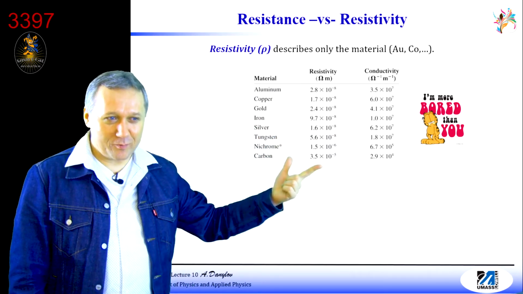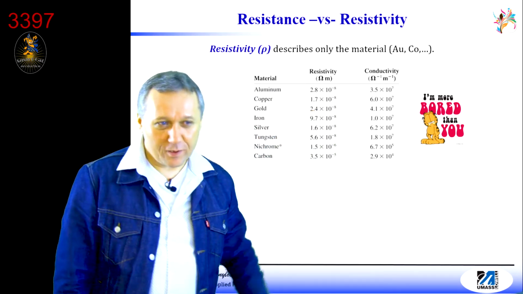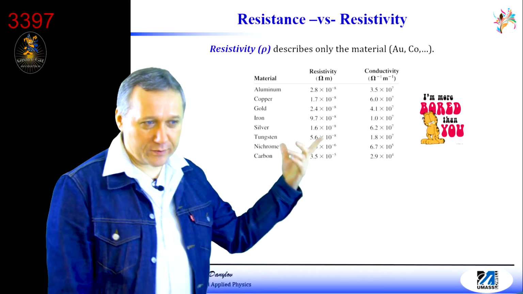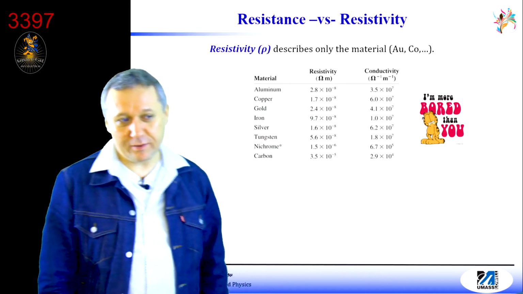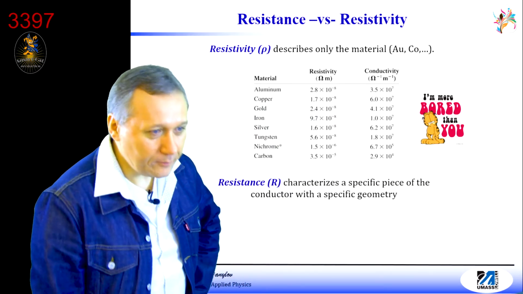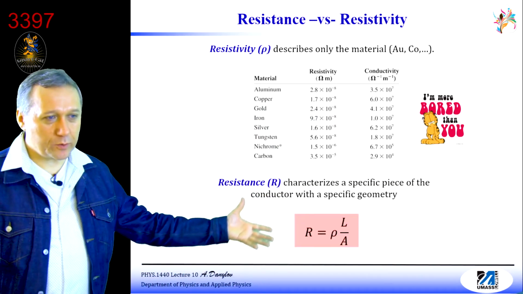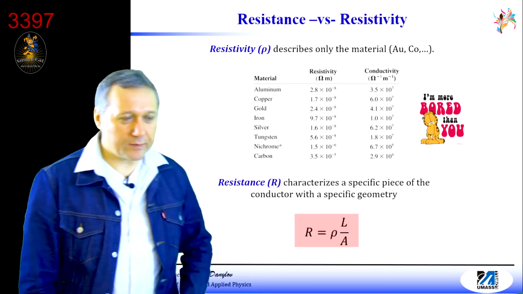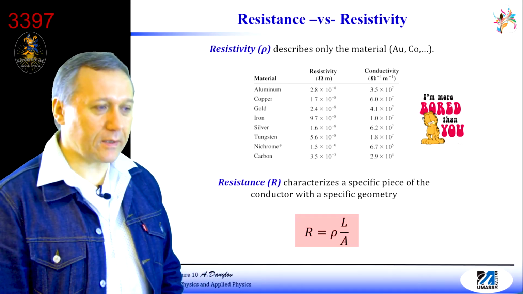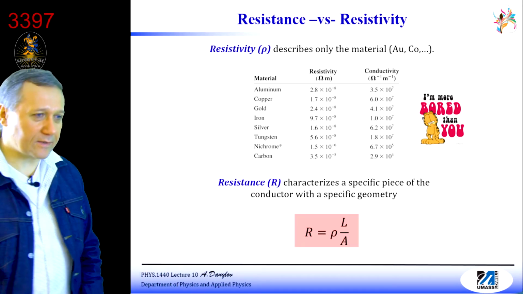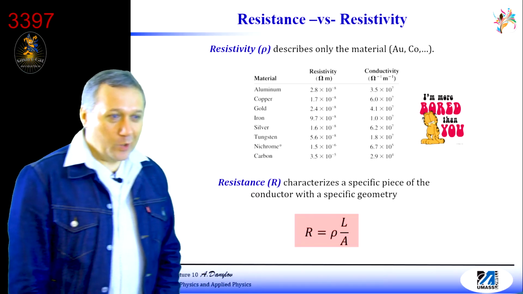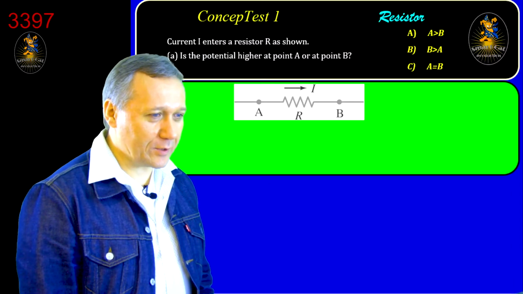Then here's the column for resistivity and the column for conductivity, right? And of course, if you take a reciprocal, you can get resistivity from conductivity and conductivity from resistivity. Right, and that's what I just told you, right? So that characterizes material, and this characterizes a resistor, an object.